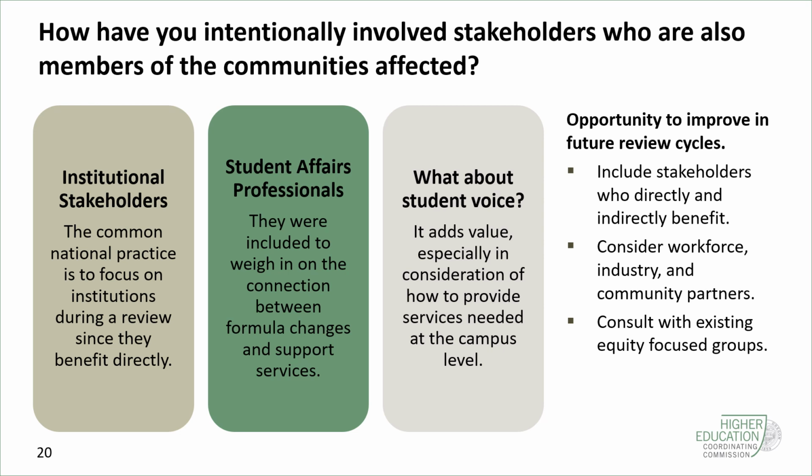When you review a funding formula or a distribution model, it's common nationally in states across the nation to focus on the institutions themselves during a review cycle, simply because they are the ones that benefit directly from the decision making. We fund the institutions through the Community College Support Fund. We don't fund the students directly. We fund them indirectly.